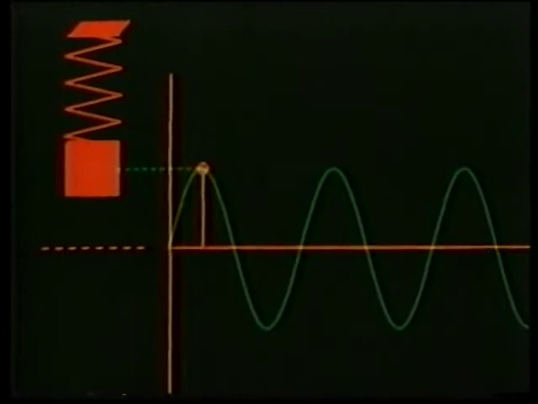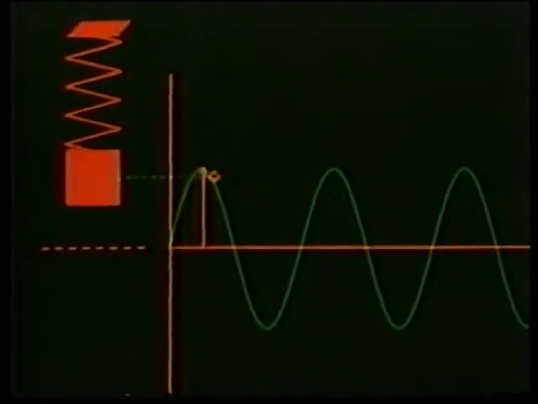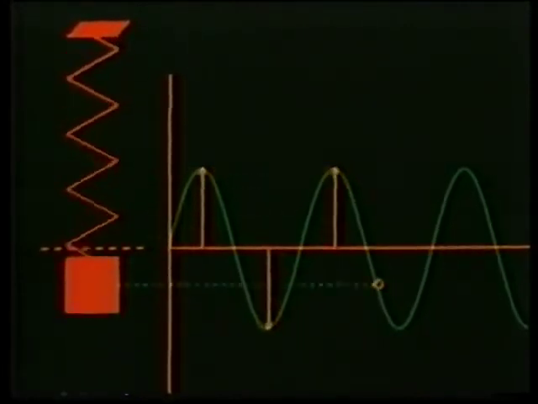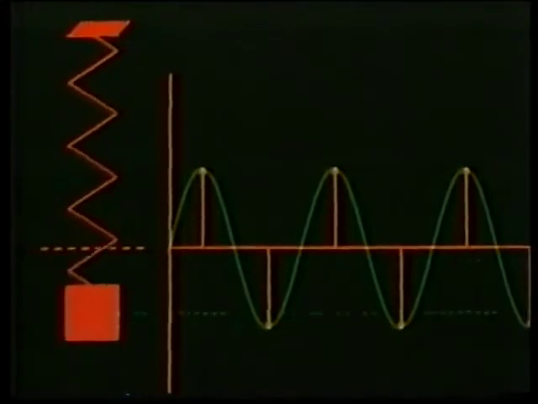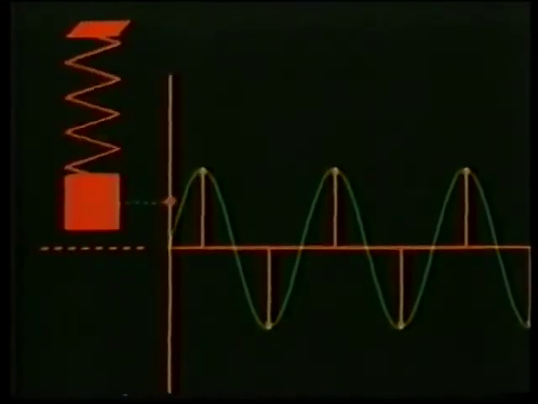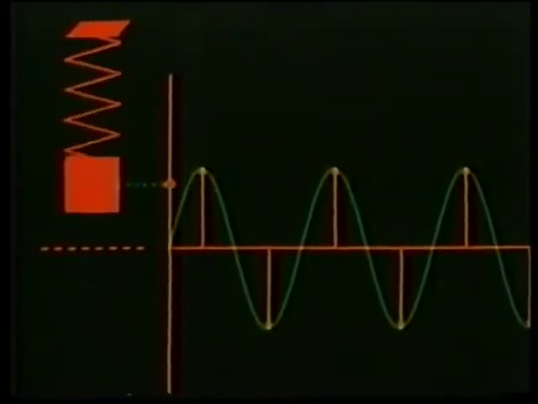This can be seen as the peaks and troughs on the displacement time graph. Well, those displacement curves are typical of the behavior of an ideal spring mass model. But remember that all vibrating systems have their own natural frequency.